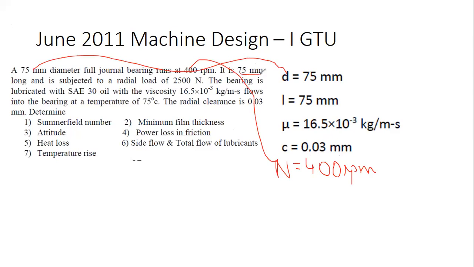Then the bearing length. So obviously our L by D ratio is 75 by 75, that is 1. Then the radial load W, which is 2500 Newton.